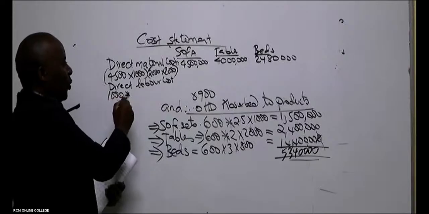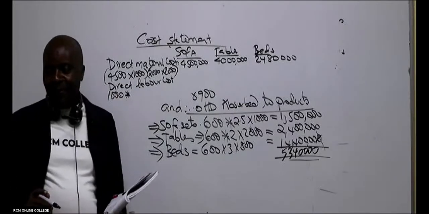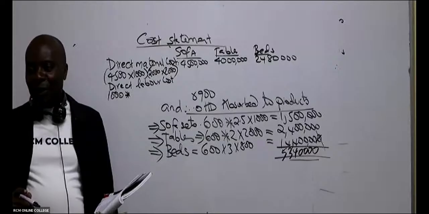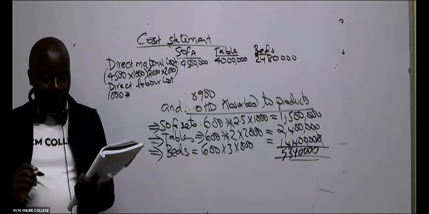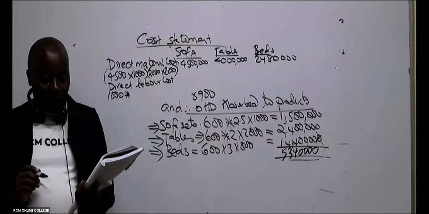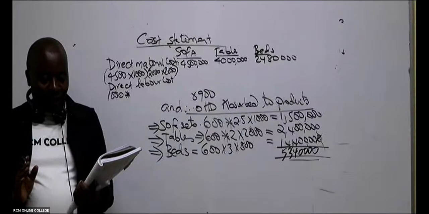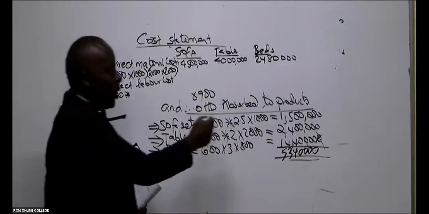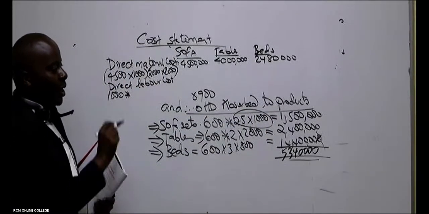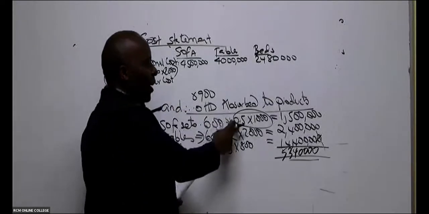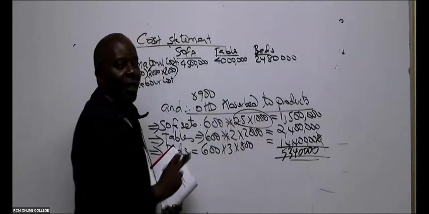And how many hours do we need for the sofas? Anybody who is able to give me the total number of hours we need for the sofas? Already we have them somewhere, isn't it? We have those hours, yes, because each sofa is 2.5 and you're going to produce 1,000.